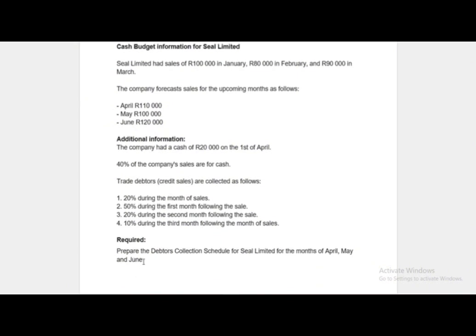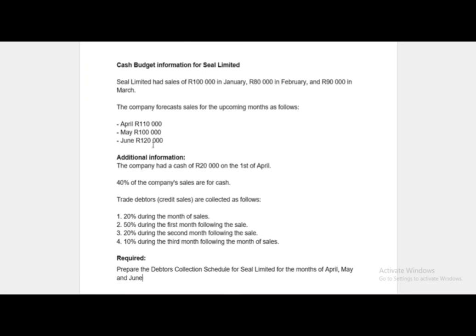And then prepare this debtors collection schedule for SEAL Limited for the months of April, May, and June, right? And then here is the information.